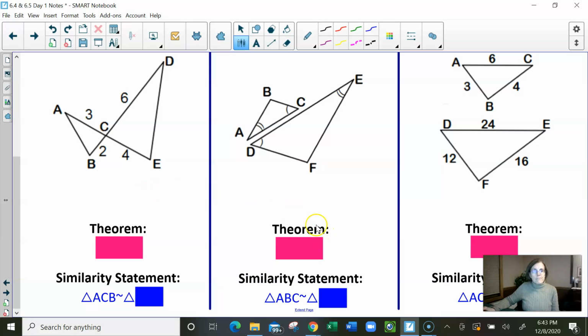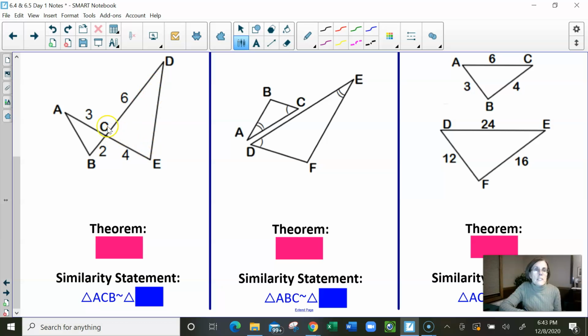All right. So let's look at the first problem. Looking at that, how many pieces of information do they give us outright? How many are listed as givens? I see two pairs of sides. On triangle ABC, they give me a 3 and a 2.